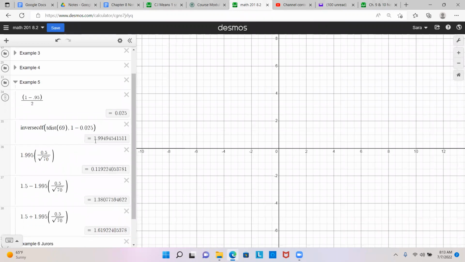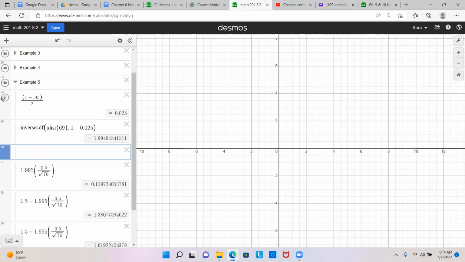So our critical t is 1.995, and our error bound is calculated here, and that's 0.119. You can see that here.